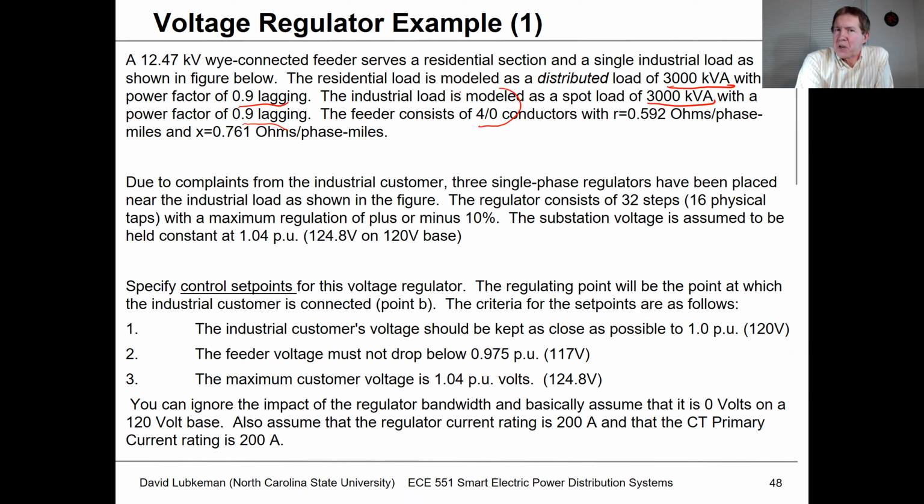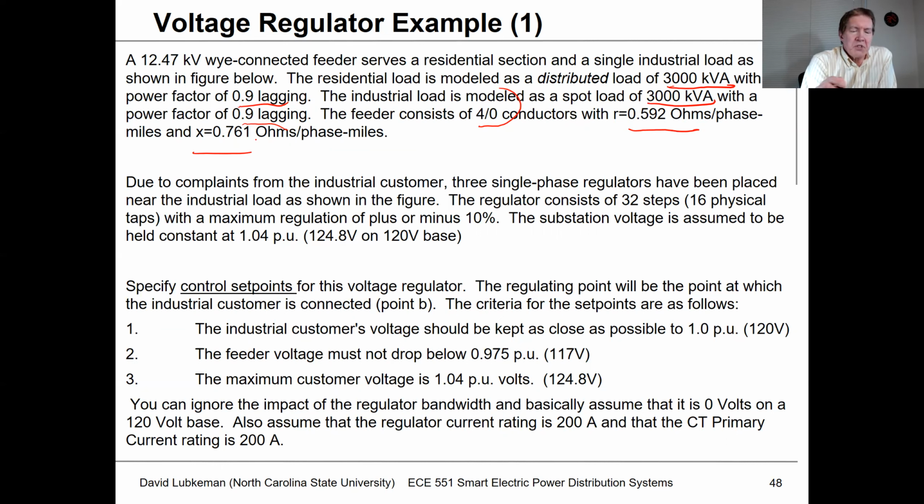If we had all the construction information, we could figure out all the impedances, but let's assume we've done that work and found the positive sequence impedance is 0.592 ohms per mile for the real part and 0.761 ohms per mile for the reactive part.